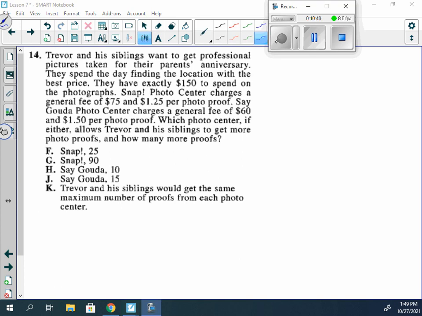So they're wanting to use the entire $150 on photos. Well, for Snap Photos, the first one, it's $1.25 per photo plus a $75 fee. And they have how much to spend? Well, $150. So let's see how many photos they can get.